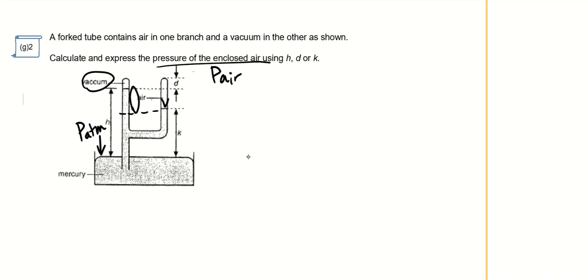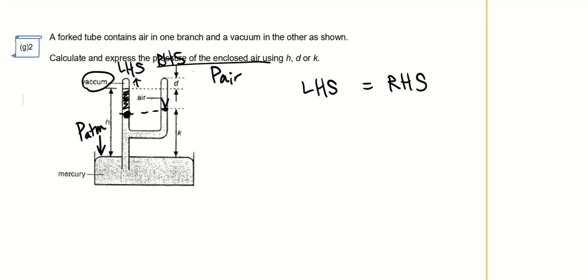We apply same liquid, same level, same pressure to these two points. This is the left hand side, this is the right hand side. Left hand side pressure equals right hand side pressure. On the left hand side, the pressure is due to the amount of mercury above it. How much is it? I see that this height is D.